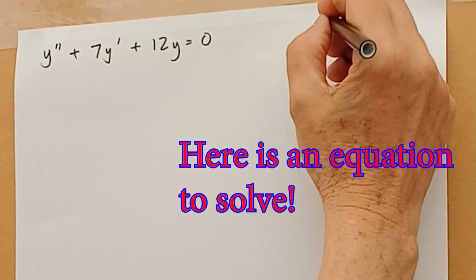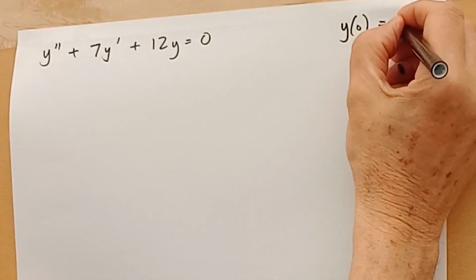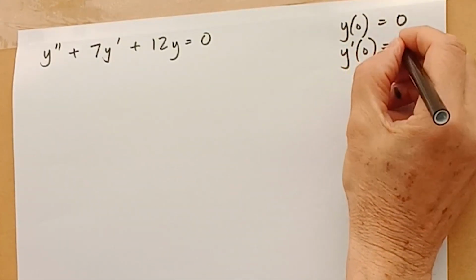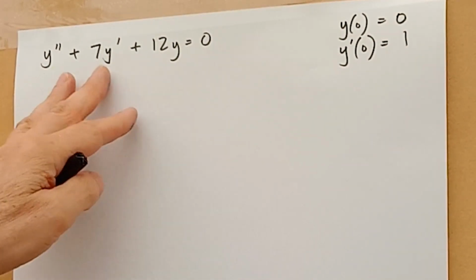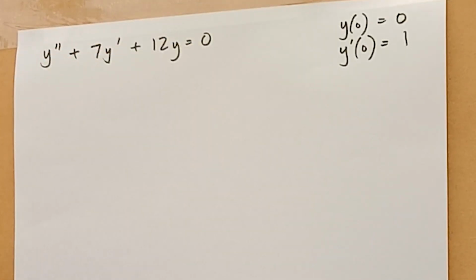And we're given initial conditions, y(0) equals 0, y prime (0) equals 1. So first thing we do is take the Laplace transform of each of these on both sides of the equation.